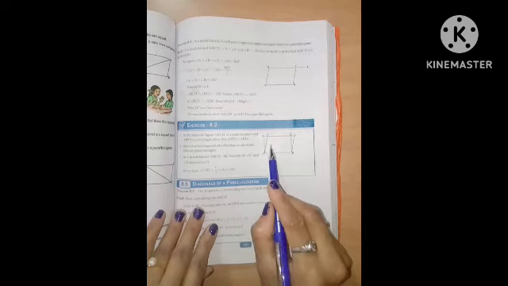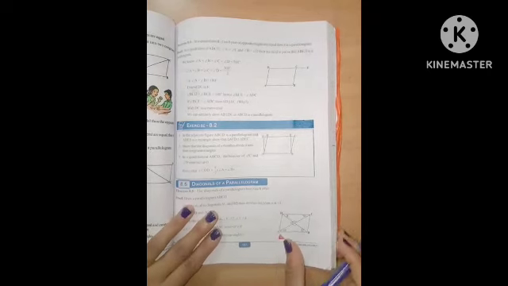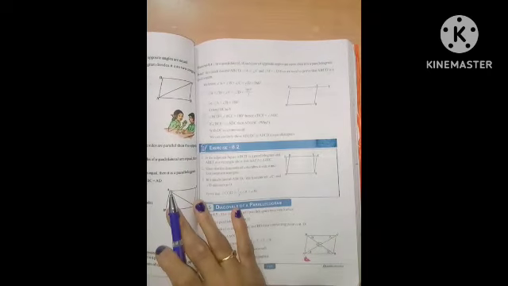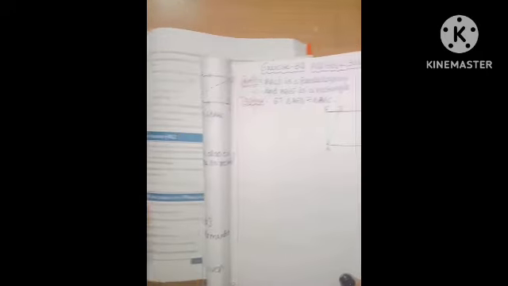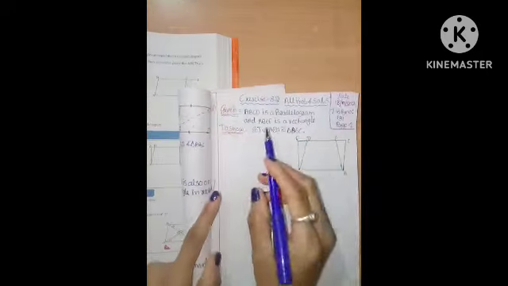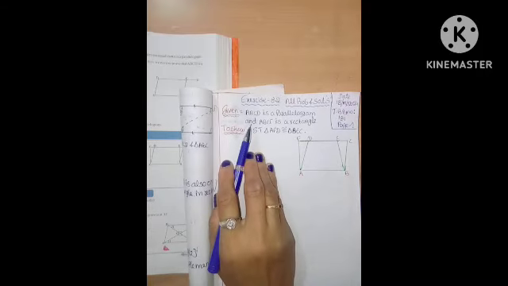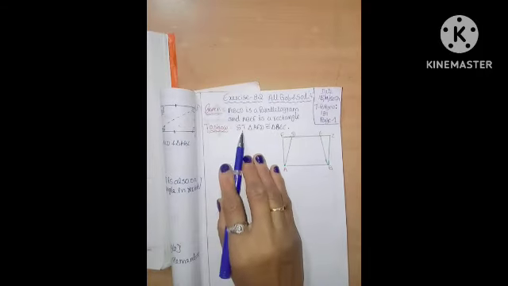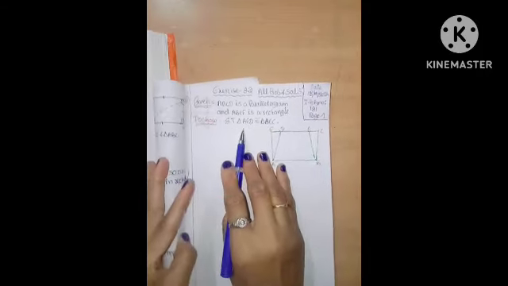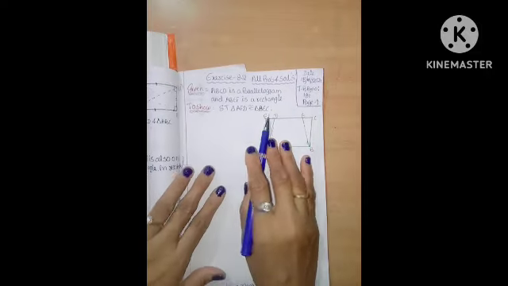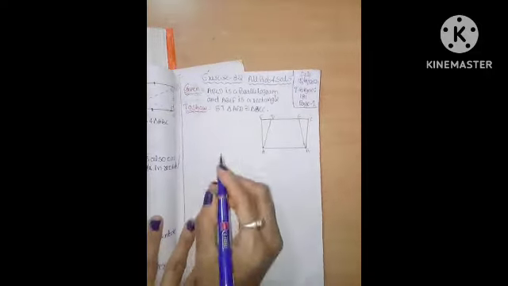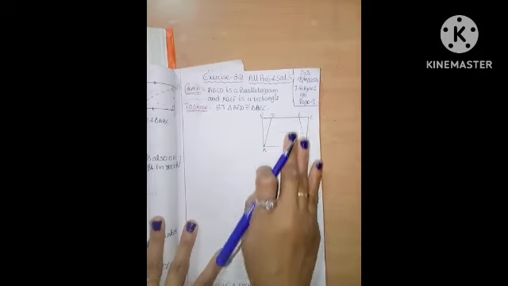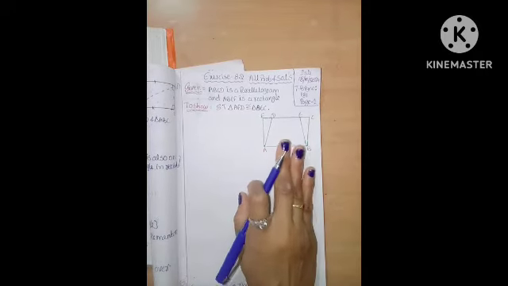First, how to write the given data: given ABCD is a parallelogram and ABEF is a rectangle. To show that these 2 triangles are congruent.